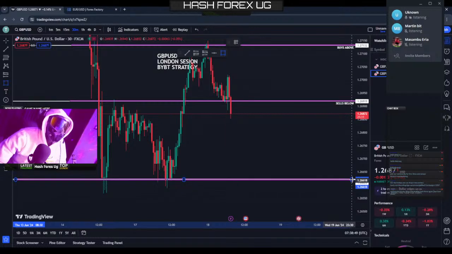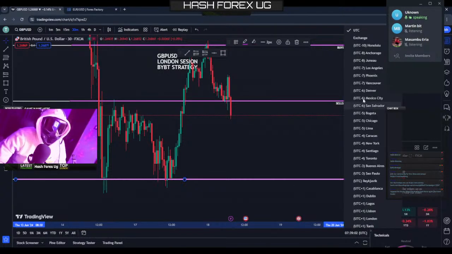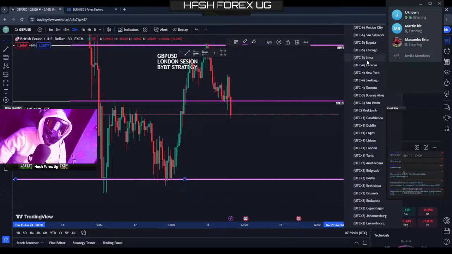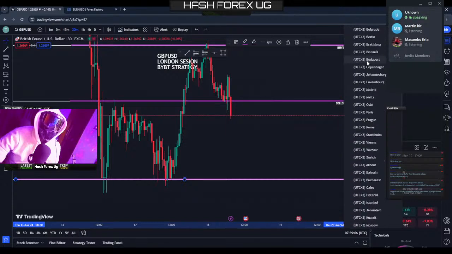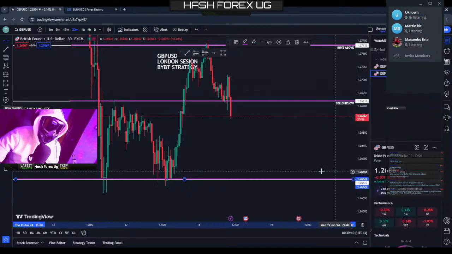We might see it coming back down to this zone. So we need that candle closure to happen. I think that will be at around 11. So we shall not be making any decision until it is 11.